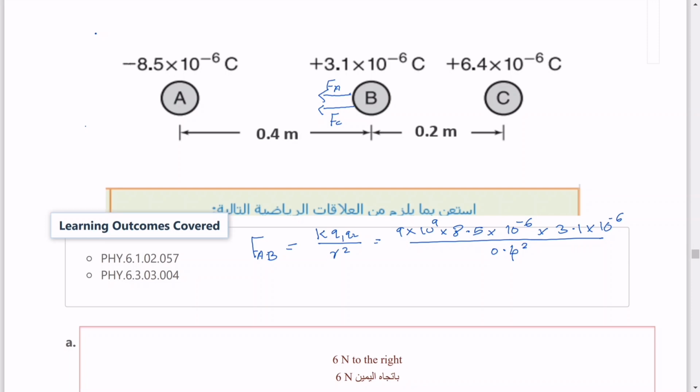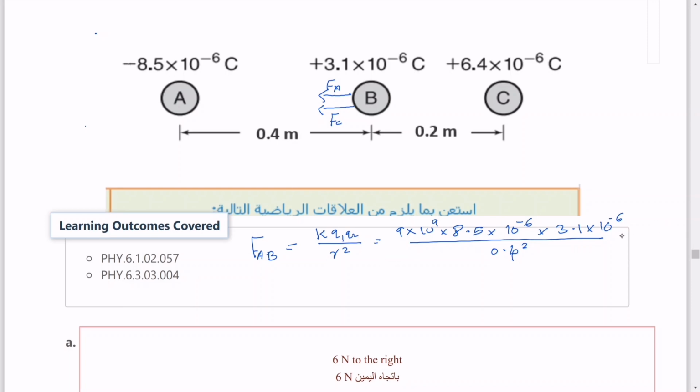The force applied by charge A on charge B: 9 multiplied 10 to the power 9, multiplied 8.5 times 10 to the power negative 6, times 3.1 times 10 to the power negative 6, over 0.4 squared equals 1.48 Newton.